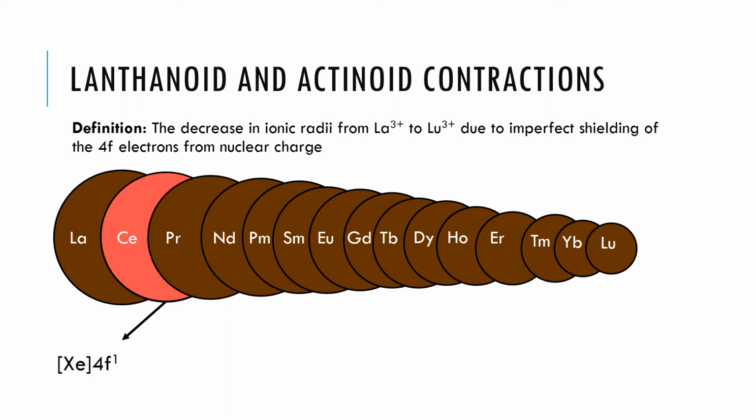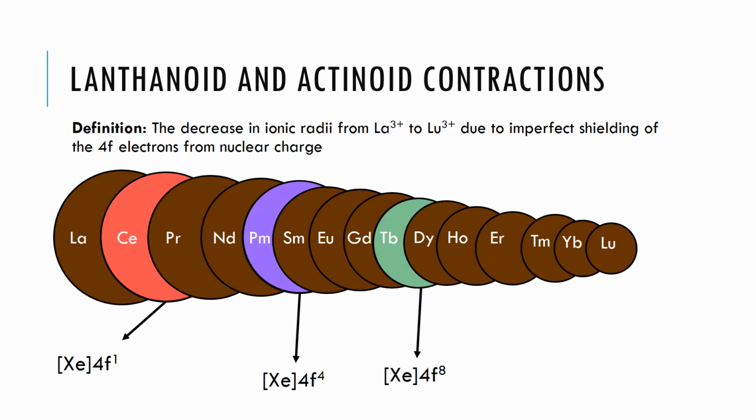Let's consider some of the electron configurations. I'll show you some electron configurations for the 3+ ions, because this is easiest to explain if we consider the 3+ ions. So you can see that as we cross the group, the only difference in electron configuration is the number of electrons in the 4f orbital.